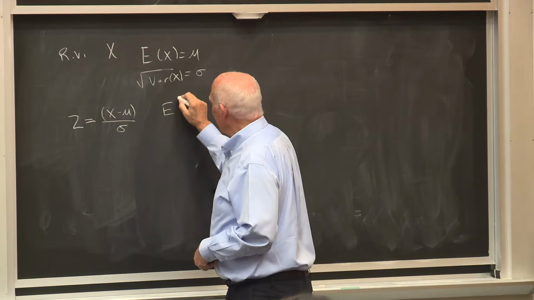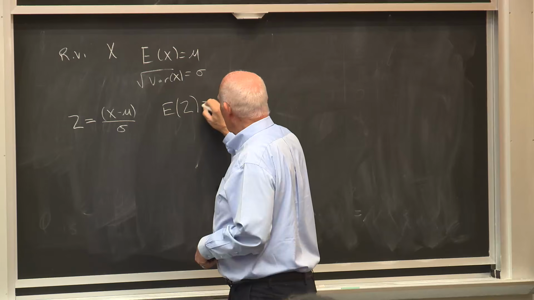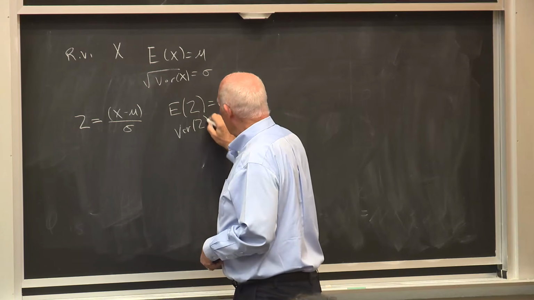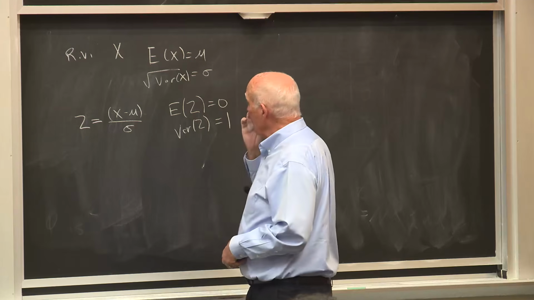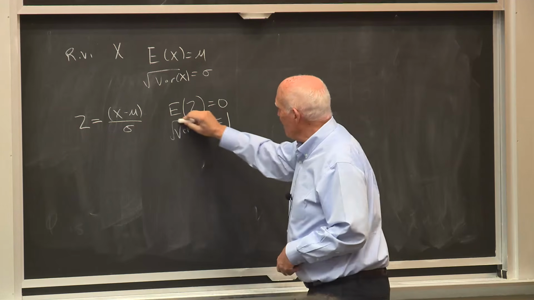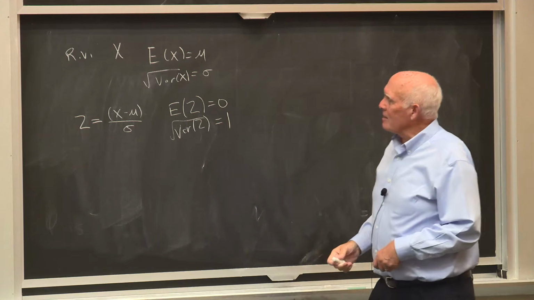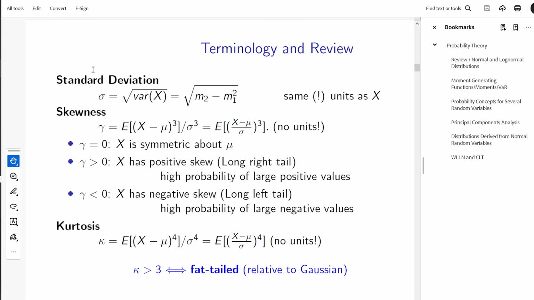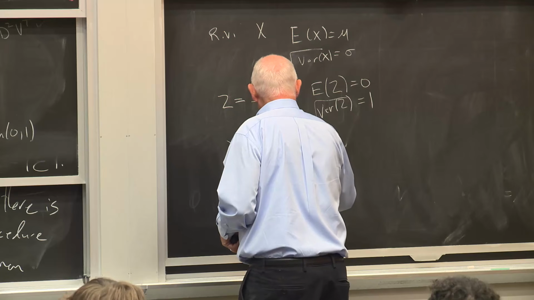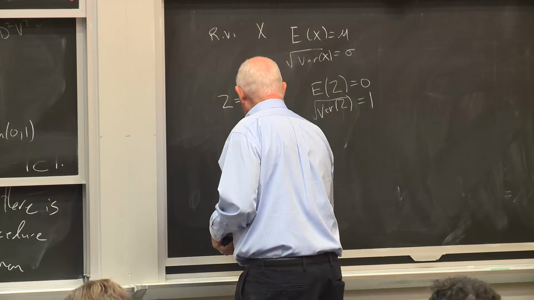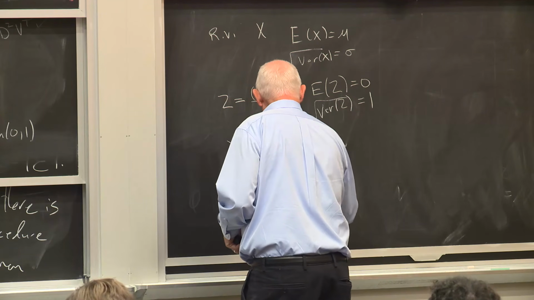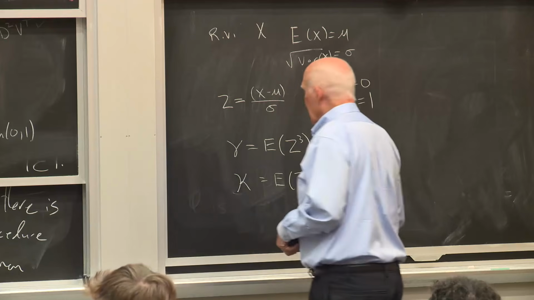The expected value of z will equal 0, and the variance of z will equal 1, as will the square root of the variance. For the skewness, which I call gamma, gamma is equal to the expected value of z cubed, and the kurtosis, kappa, is equal to the expected value of z to the fourth.